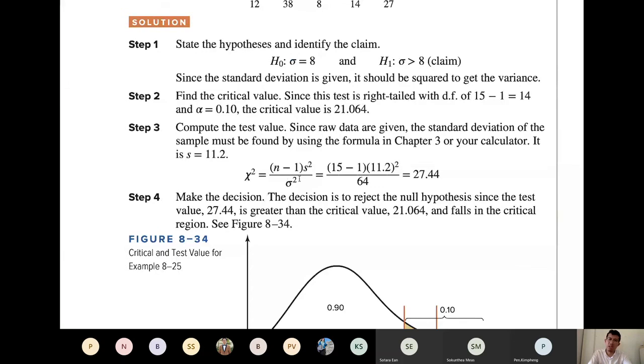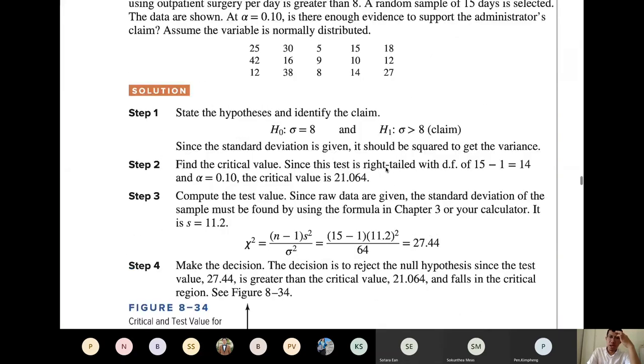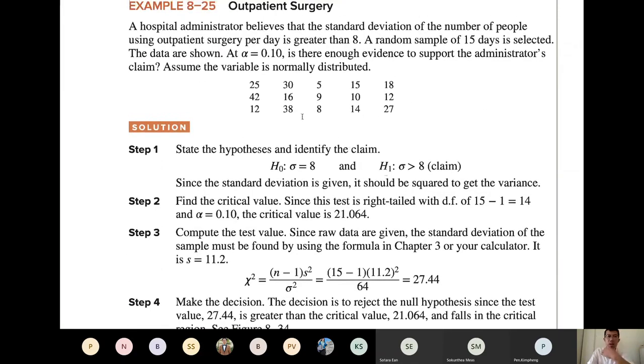That's why everything is realized here. So just replace: n is 15 because we select a sample of 15, and s squared is 11.2 squared. How to come up with 11.2?